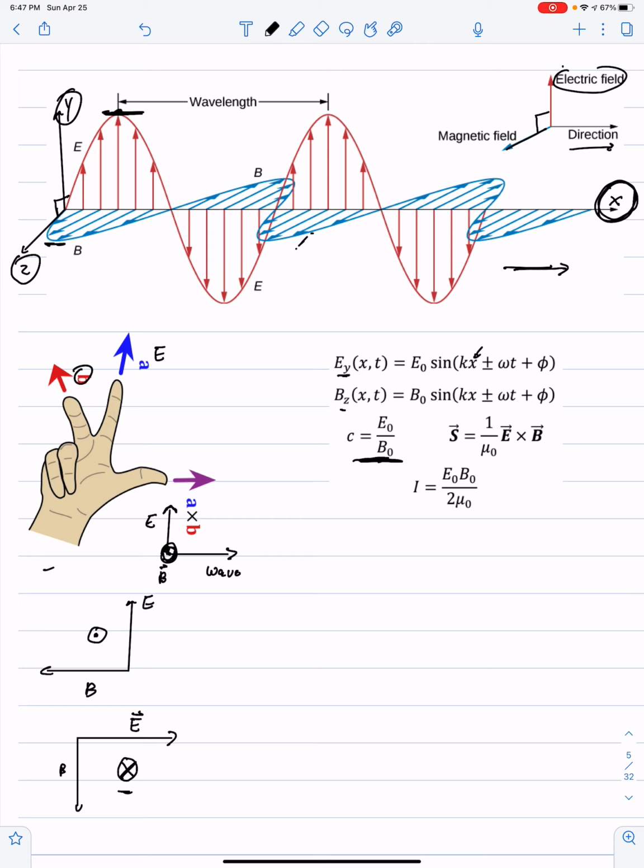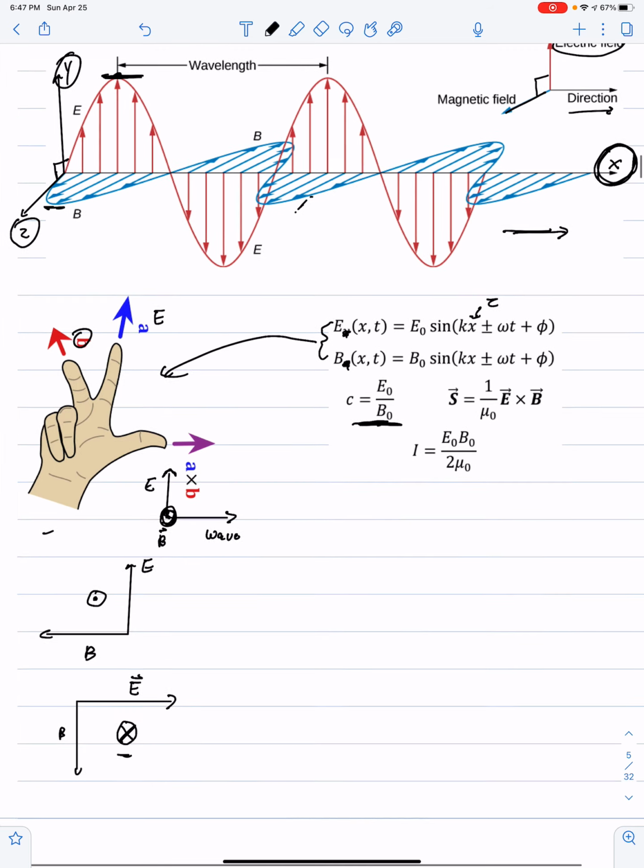Therefore, if the electromagnetic field is traveling in the z direction, these letters change into something else. And you have to address that using your right-hand rule. And we will use an example of this in the next two problems.